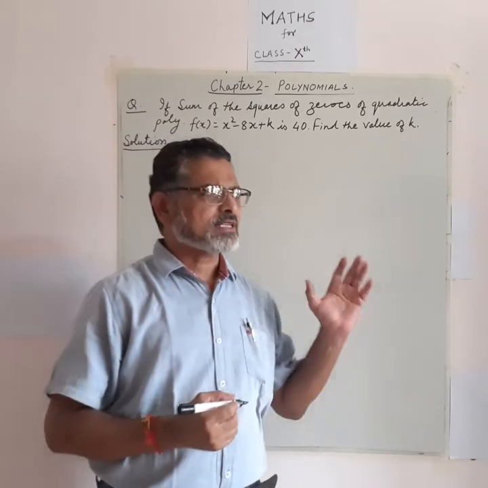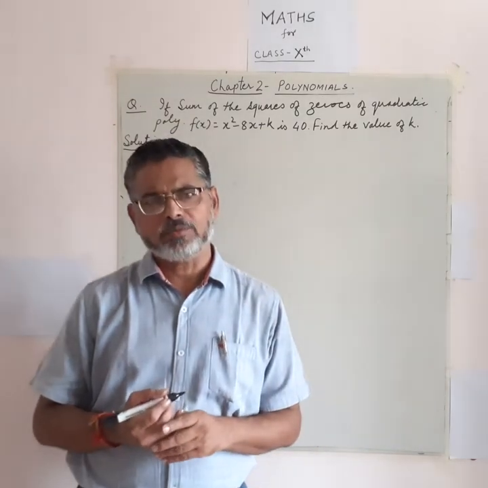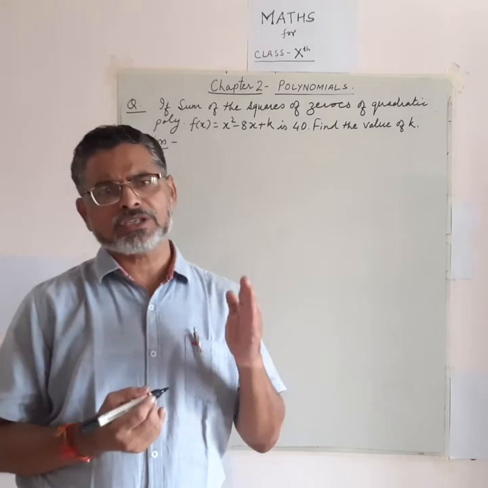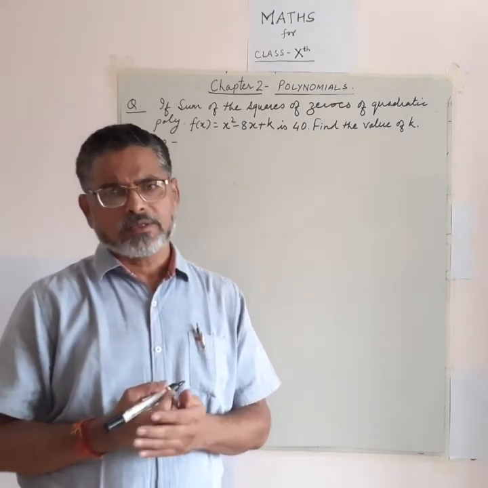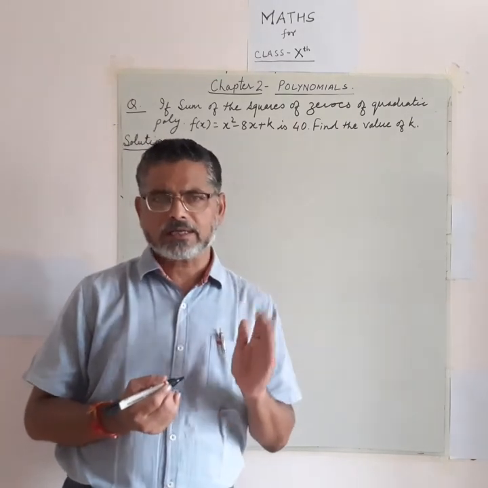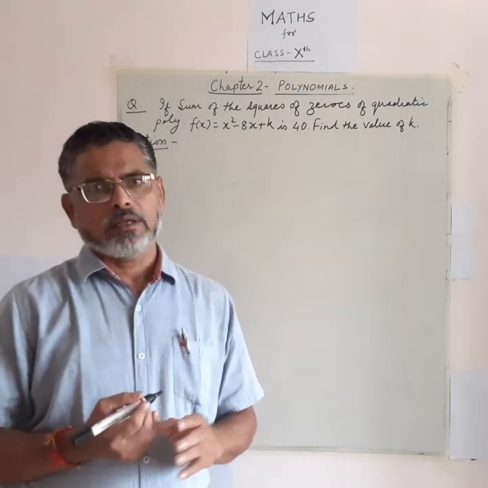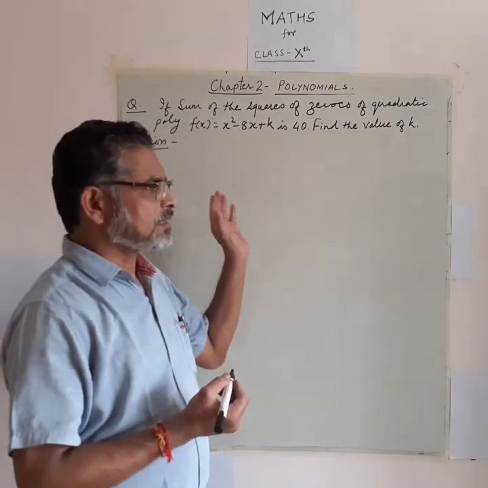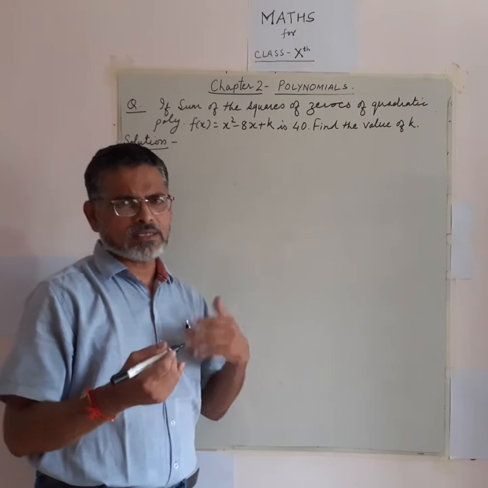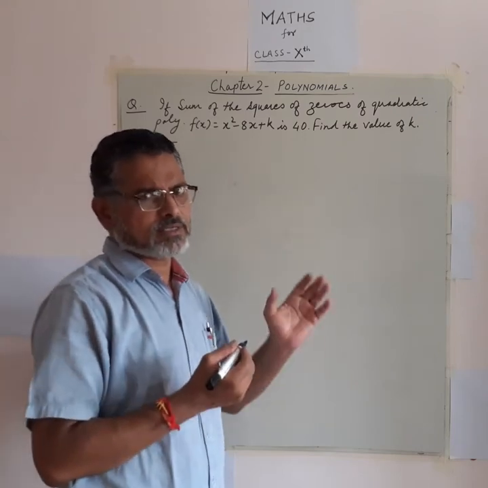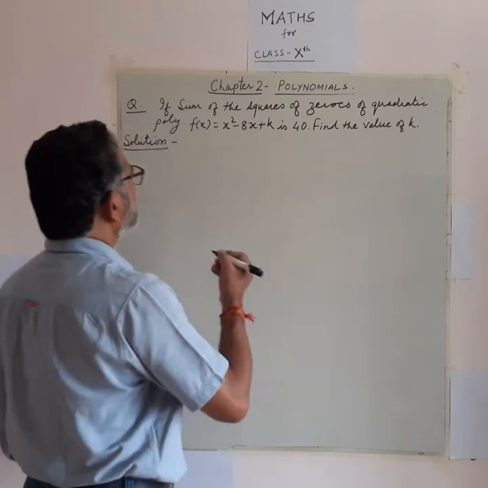Now we take some other questions of polynomials related to zeros of the polynomials. These questions are not in your textbook, but we take such questions which are related to zeros. Now what is this?